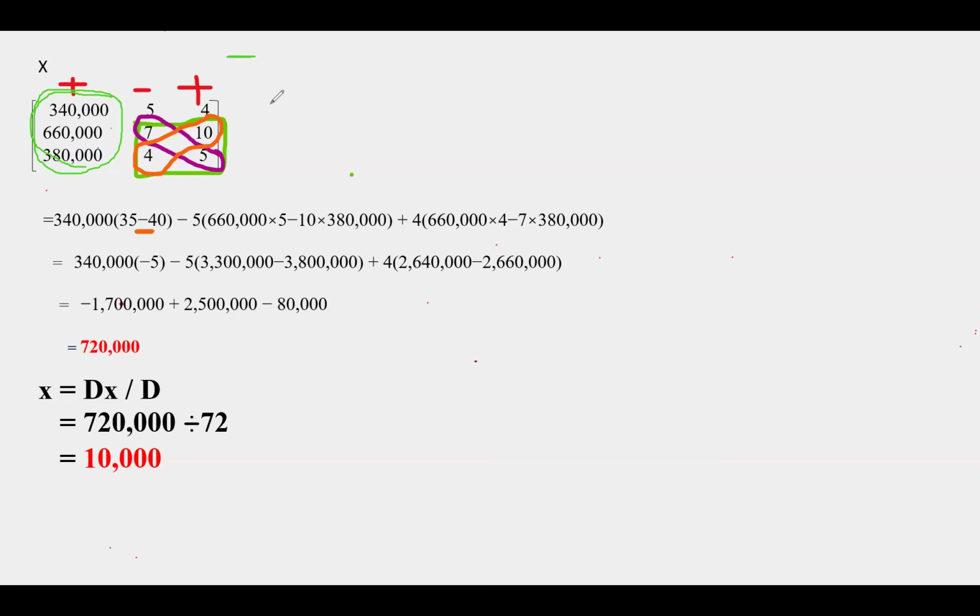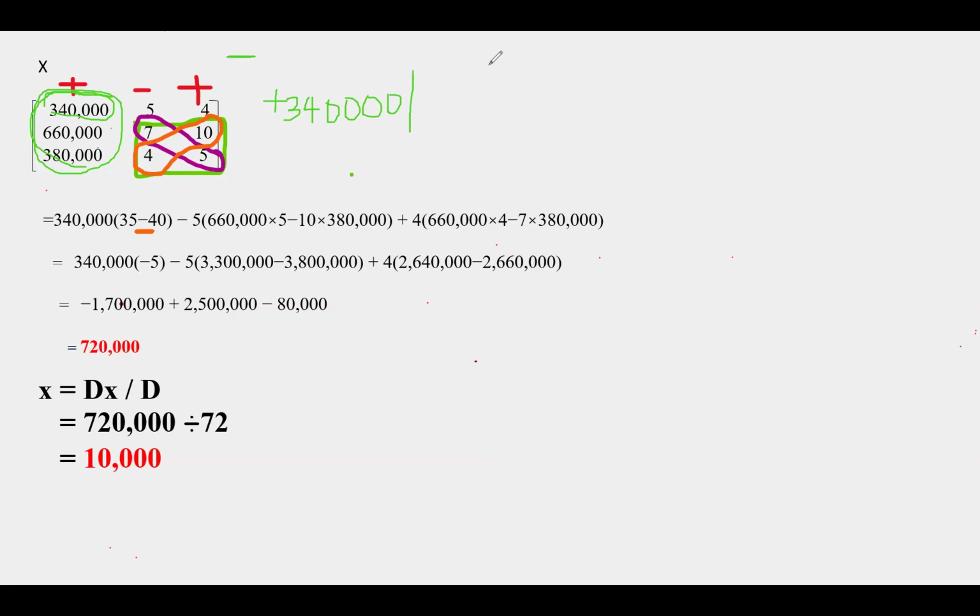Now that we have replaced the values for x, of course we're going to have this particular value outside. But remember, since there's a positive sign above it, it's going to be a positive 340,000.